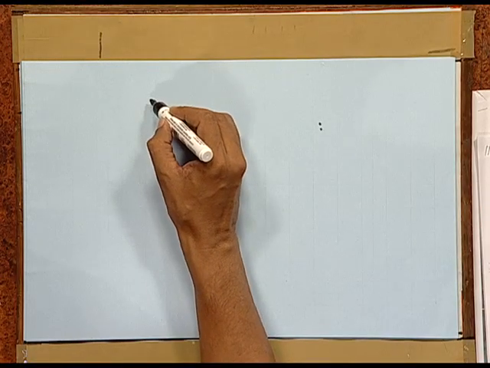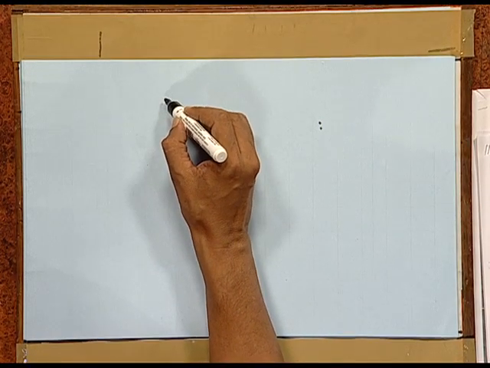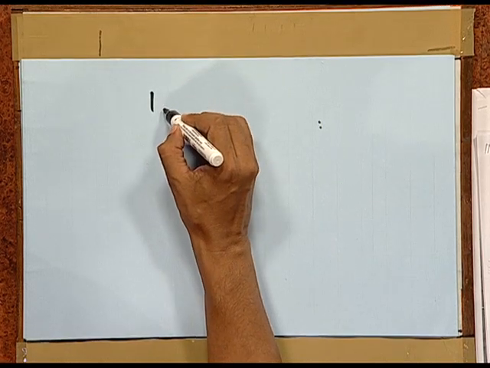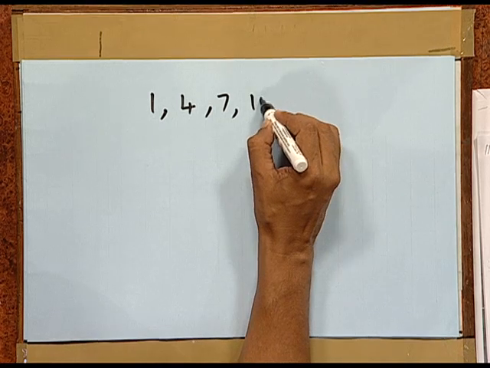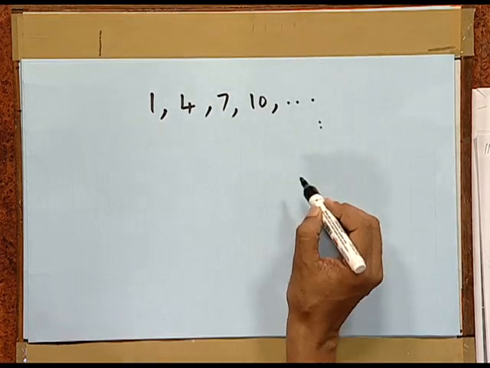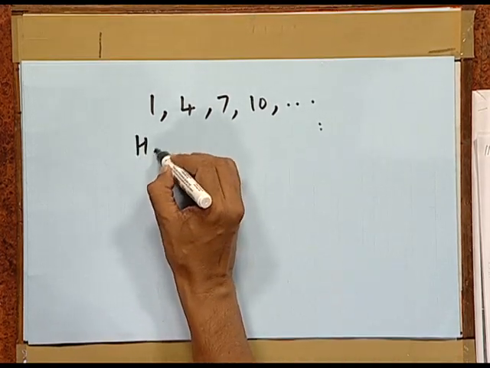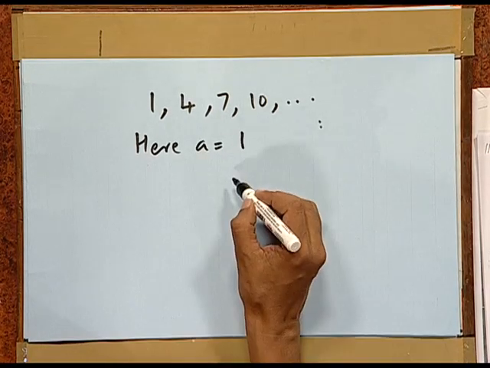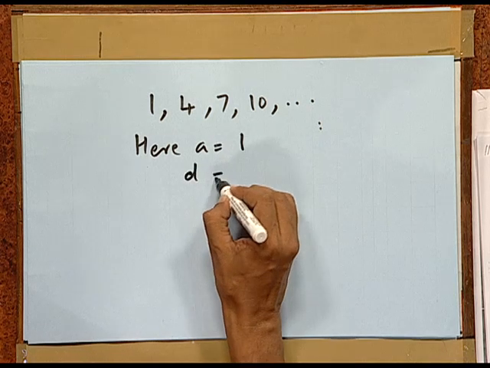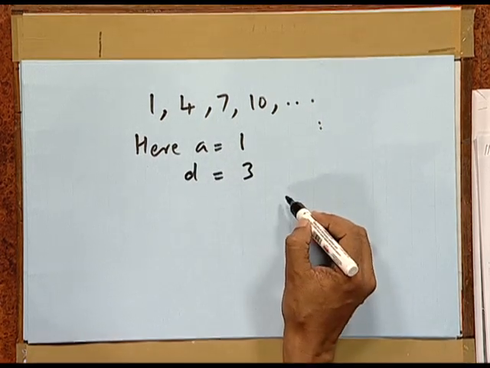Now, let us take some examples involving the nth term. Suppose the question is, find the 25th term of 1, 4, 7, 10 and so on. Here A is equal to 1 and d is equal to 3.